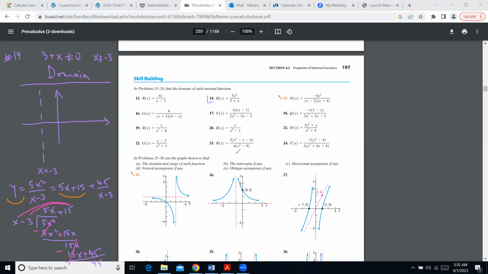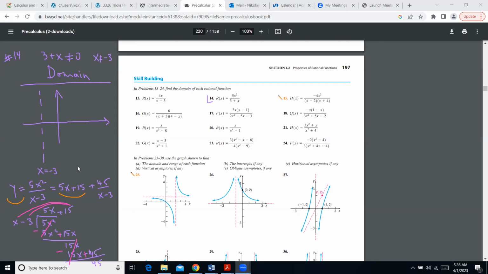This is all we need for this division. Now I can see what we have for the asymptote.